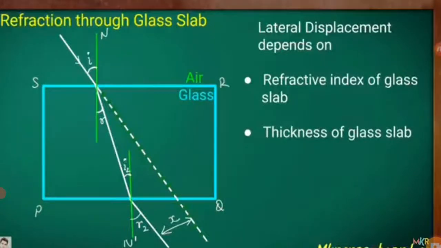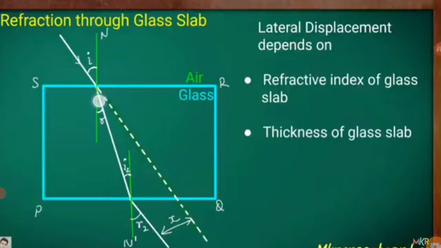Now if I consider a ray of light that is incident in this direction, making an angle of incidence, then instead of going straight, because at this point it experiences the difference in the transparent medium, the change in the speed of the light takes place.